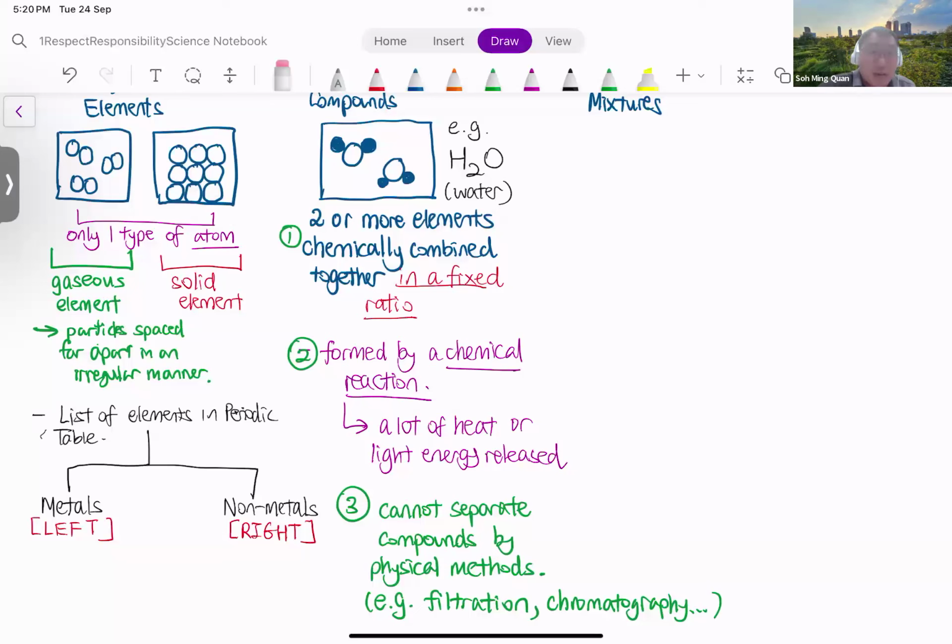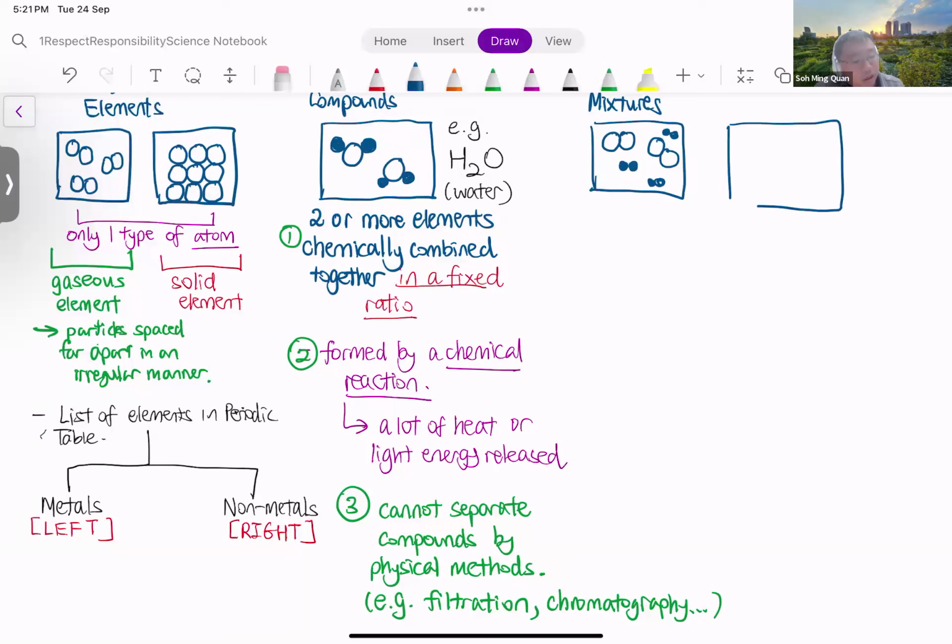So now we move on to mixtures. We have done elements, we have done compounds. These are quite clear-cut in terms of the arrangement of the particles and the types of particles that they contain. Now, if we were to draw mixtures, they might look something like this. Okay, that's one example of a mixture.